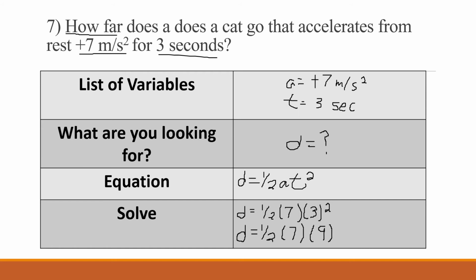Now that I have 1/2 times 7 times 9, I could just plug it in my calculator. I could type 0.5 times 7 times 9, or I could type in 9 times 7 divided by 2. It doesn't matter. But ultimately, you need to make sure that your calculator says 31.5. Because that's the answer. Nice.